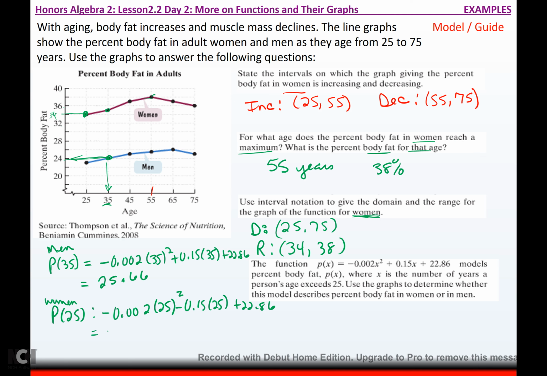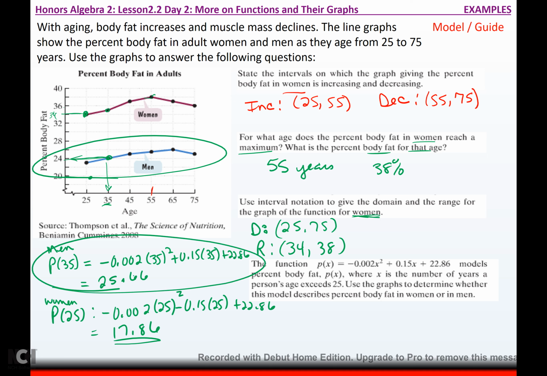I get 17.86. Not even close. I should have gotten around 34, and this would have been way down here, which is way off. So this model models the men's way more better than the women's.